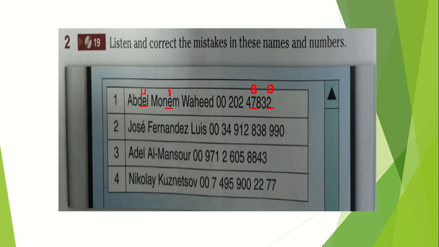That's A-L-M-A-N-S-U-R. Phone number 0097126059943. 4. Nikolai, that's Nikolai, Kuznetsev, that's spelled Kuznetsev. Phone number 0074559882277.